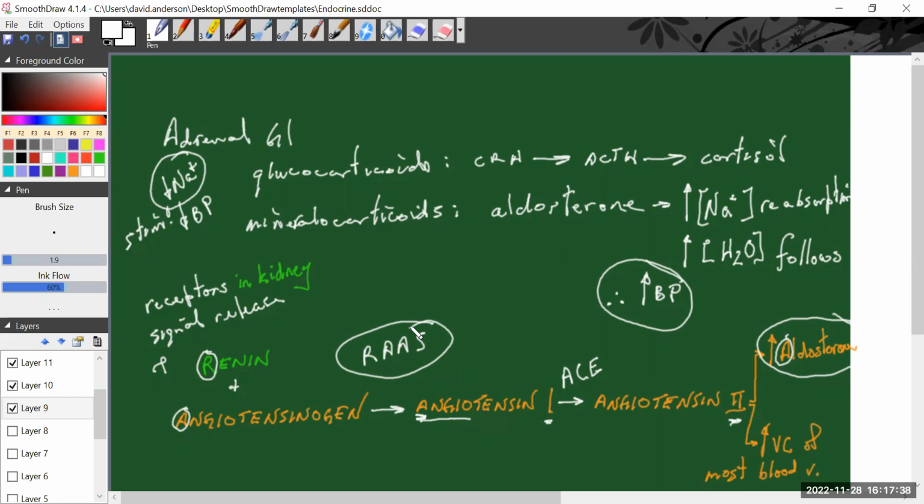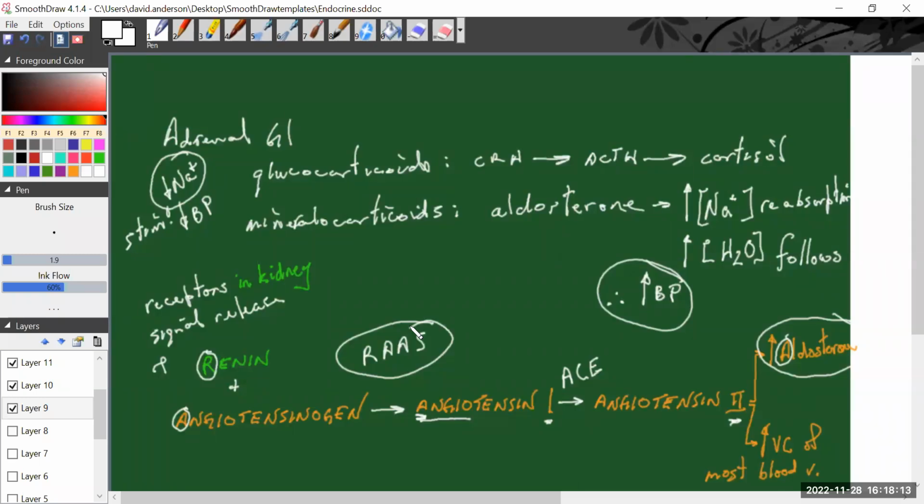We've got a trigger, which was our decrease in sodium or a decrease in blood pressure, that stimulates the release of renin, that then combines with angiotensinogen to become angiotensin 1. In the presence of ACE, an enzyme that's produced by cells in the lungs, we get angiotensin 2, and angiotensin 2 has a major target of most blood vessels. In other words, there's angiotensin 2 receptors on most blood vessels that are going to vasoconstrict.